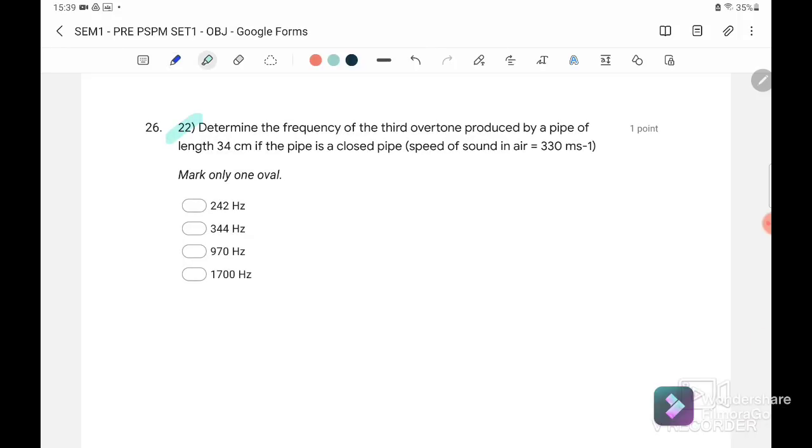Question number 22, this is also chapter 10. Determine the frequency of the third overtone produced by the pipe with length 34 cm if the pipe is a closed pipe. For a closed pipe, the fundamental or first harmonic has length equal to lambda over 4, or lambda is equal to 4L. The first harmonic, the fundamental, is V over lambda, or V over 4L.